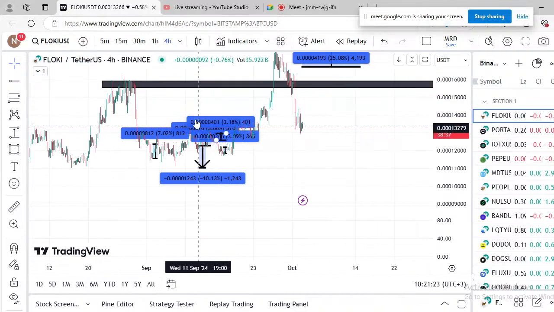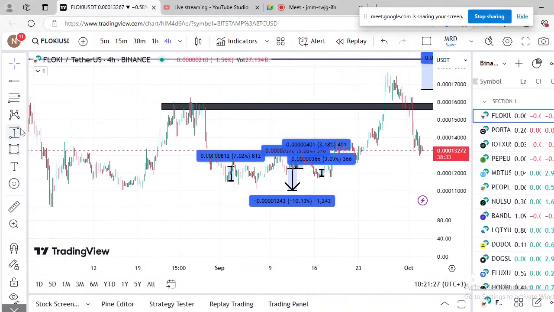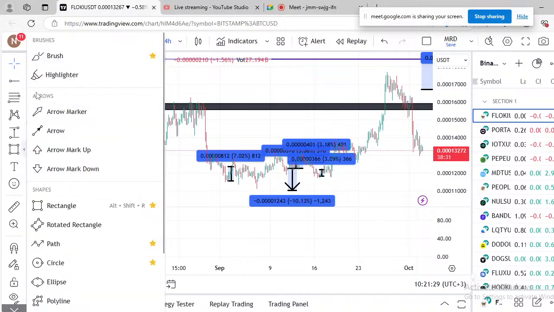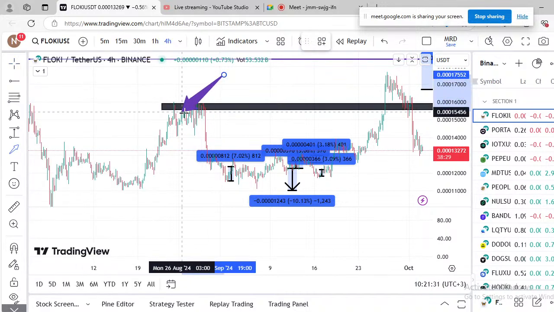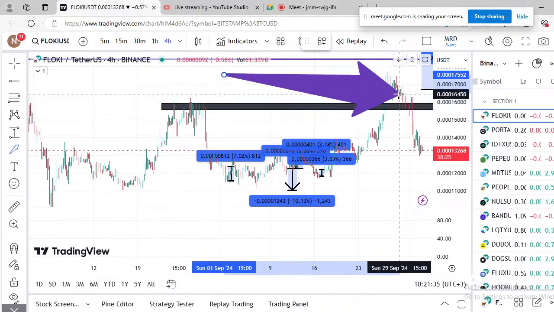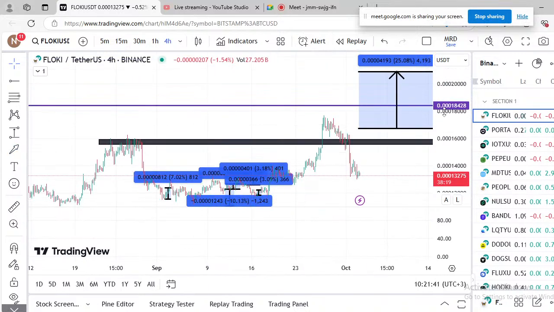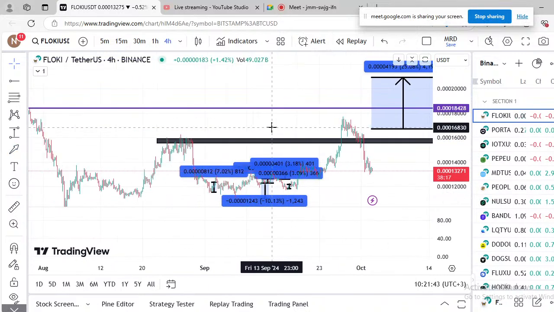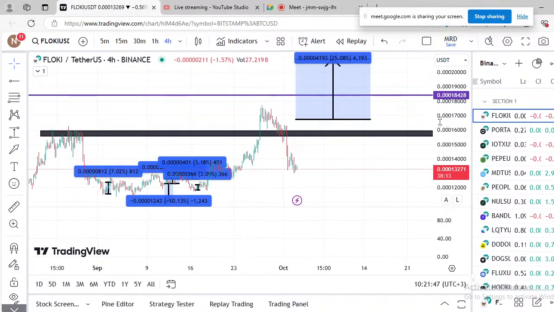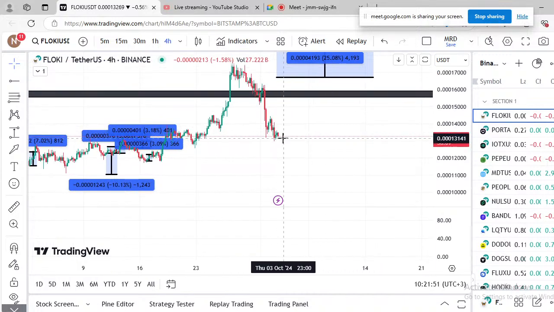Now we can look at Froki breaking the previous high. We do analysis. We don't just give signals. No, we do analysis and we share the best. You can see this was the previous high. Now we can see here the market closing above this line. So we are expecting at least Froki to push and give us at least 25%. But now, unfortunately, the market dropped. No stress. It dropped up to this level.